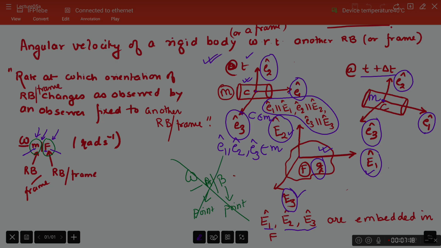In a little while, we will look at the precise definition of the angular velocity vector. However, I hope that the visualization presented on this slide gives us some idea what physics of the kinematic aspects of the body we are trying to capture by this vector omega mf.